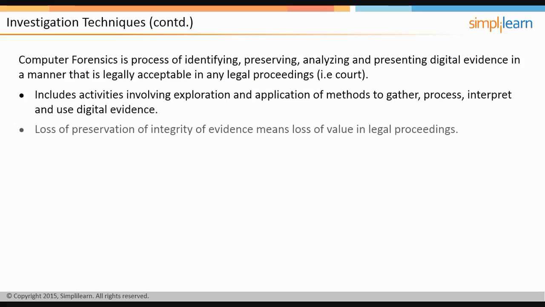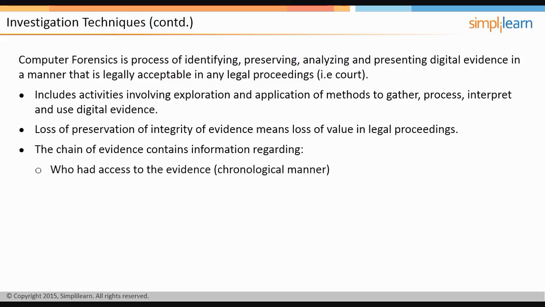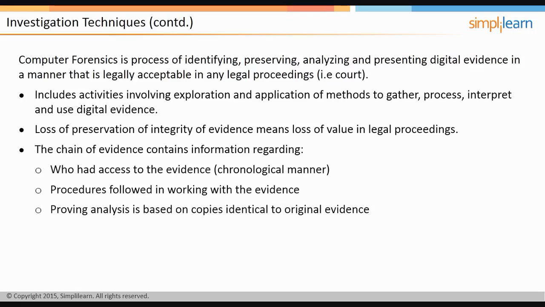Loss of preservation of integrity of evidence means loss of value in legal proceedings. The chain of evidence contains information regarding who had access to the evidence, in chronological manner, and procedures followed in working with the evidence, proving analysis is based on copies identical to the original evidence.